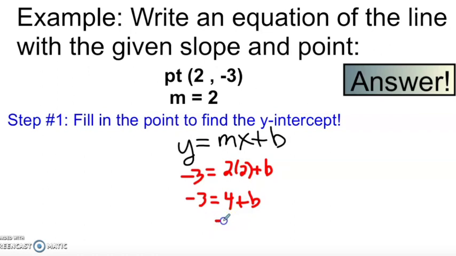All right, so I'm going to subtract 4 from both sides here. That'll cancel. And that'll leave my b at -7. So this equation is going to be y equals 2x minus 7.